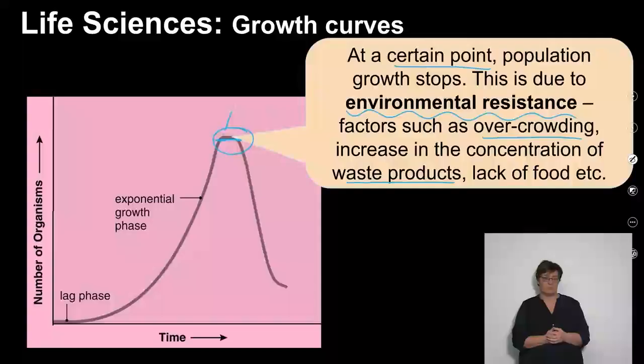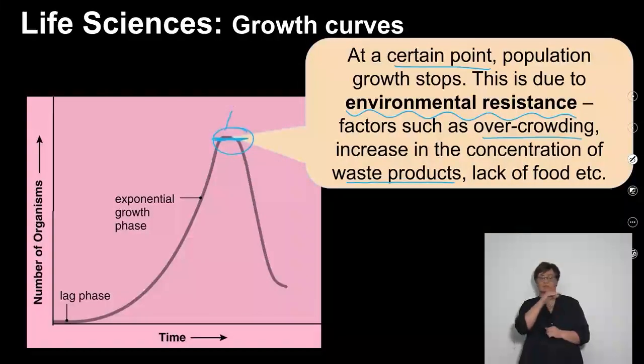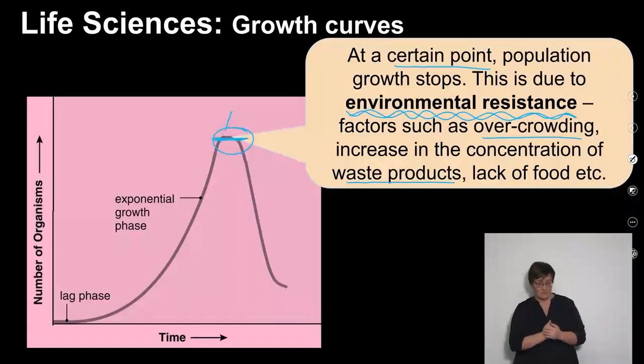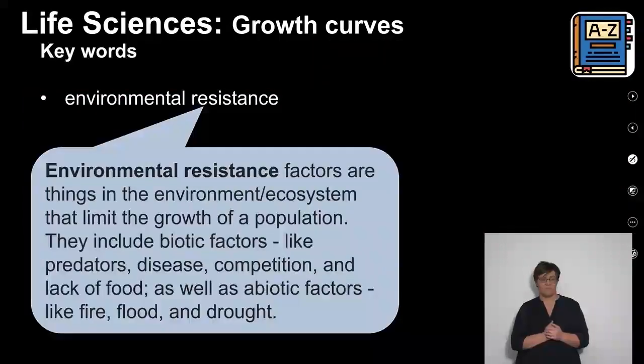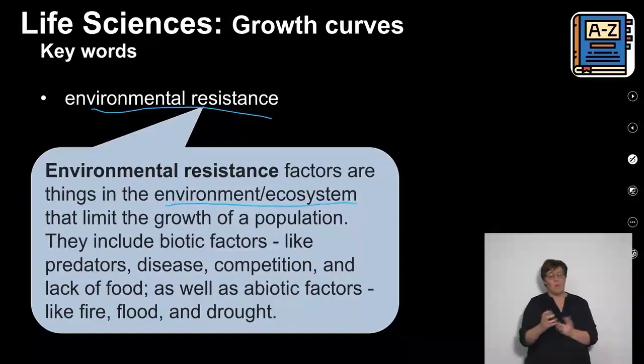And we see that our population stabilizes due to this concept called environmental resistance. So let's unpack environmental resistance a little. Things in the environment or the ecosystem that are going to limit the growth of a population.